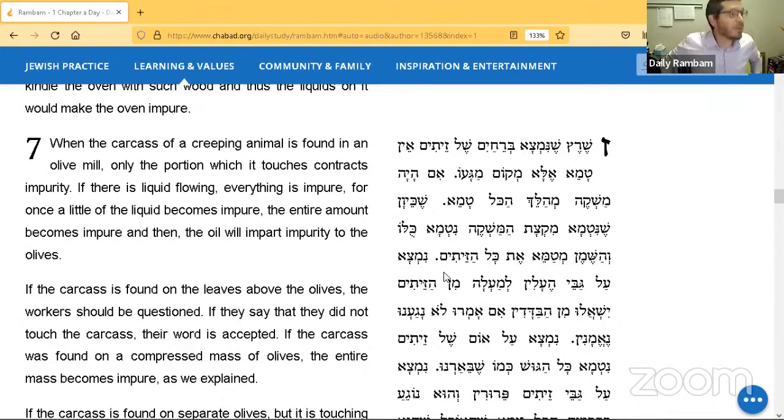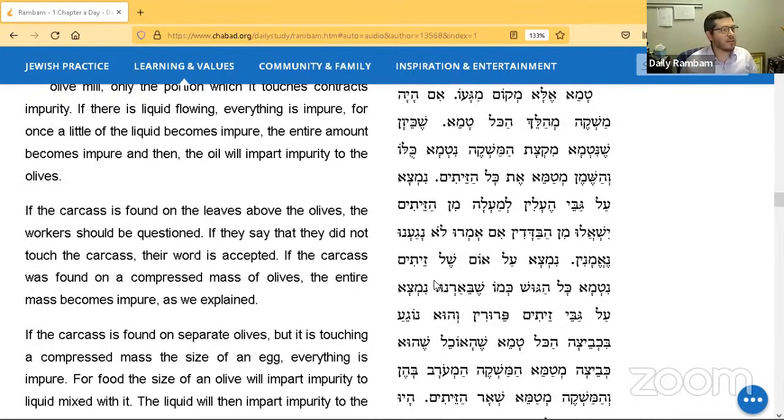He says, oh, if there's liquid flowing, everything is impure. For once a little of the liquid becomes impure, the entire amount becomes impure, and then the liquid will impart impurity to the olives. But if it's just broken up olives and the sheretz is touching it, it would only impart impurity to what it's touching. But if there's liquid, if there's oil around it, then that would spread the impurity.